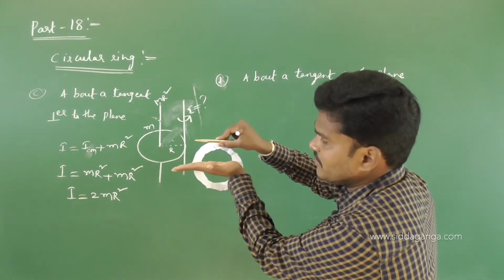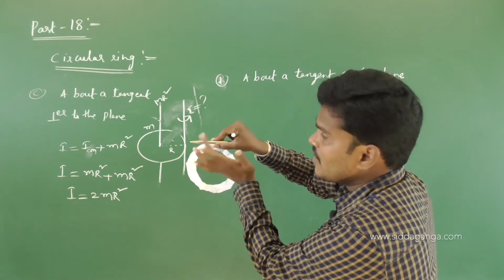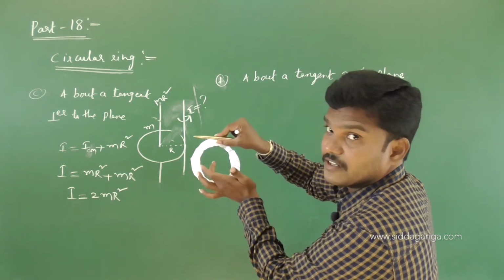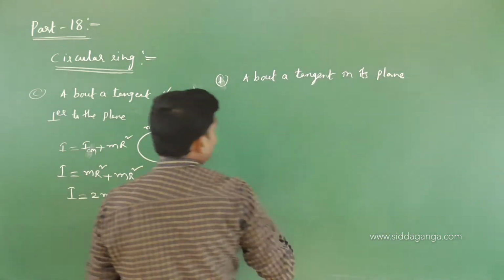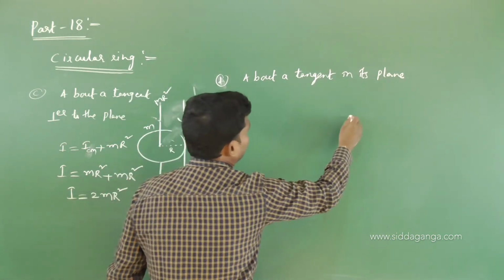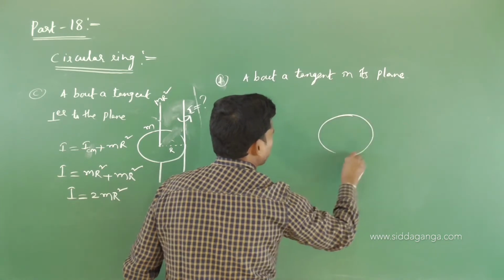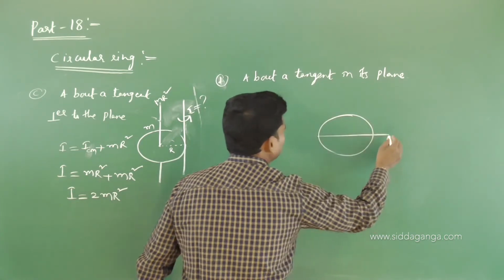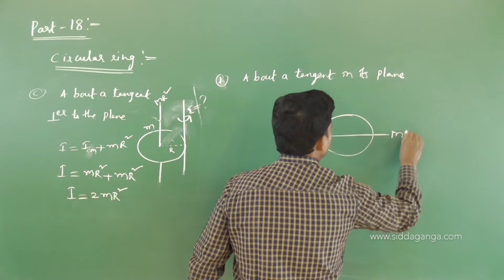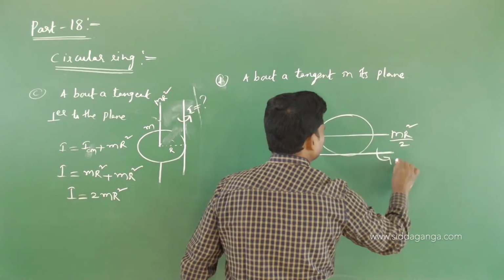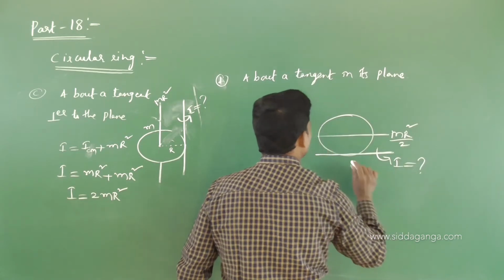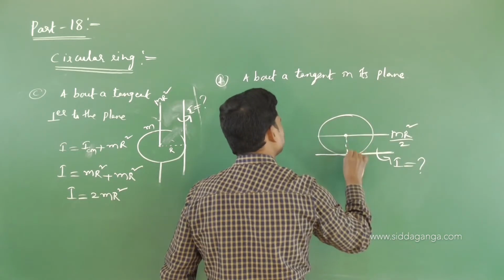We have a formula: about a diameter it is mR square by 2, and this is at a distance of R again. So again these two axes are parallel to each other. So about a tangent in its plane, this is the diametrical line, and this formula we got as mR square by 2, and our target is to find out about this. See, all diagrams look the same, don't confuse.